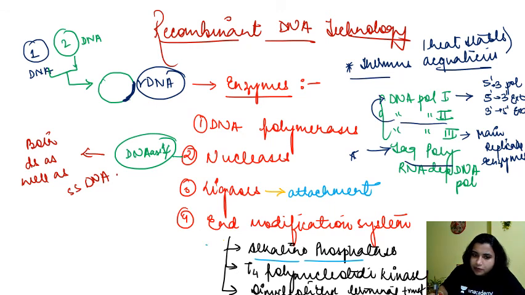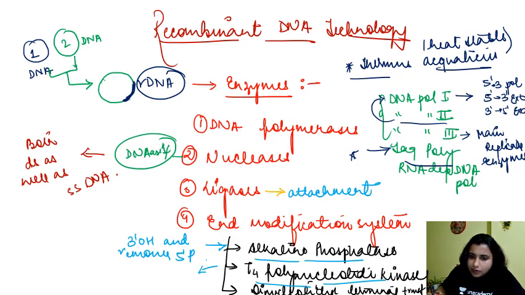And the modification system, alkaline phosphatase. What will alkaline phosphatase do? It generates 3' hydroxy and removes 5' phosphate, right? Next, T4 polynucleotide kinase. What will it do? It adds 5' phosphate.